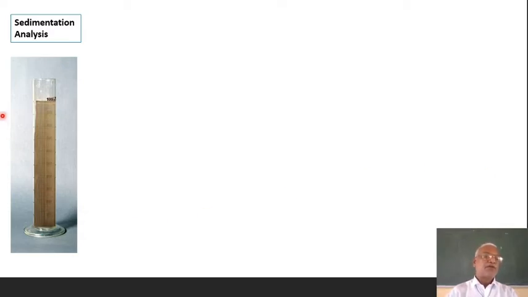This is called soil suspension, and we use what is known as a hydrometer to measure the density or actually specific gravity of the mix. Now, how all that will help you in sedimentation analysis or grain size distribution, that we are going to study in detail.